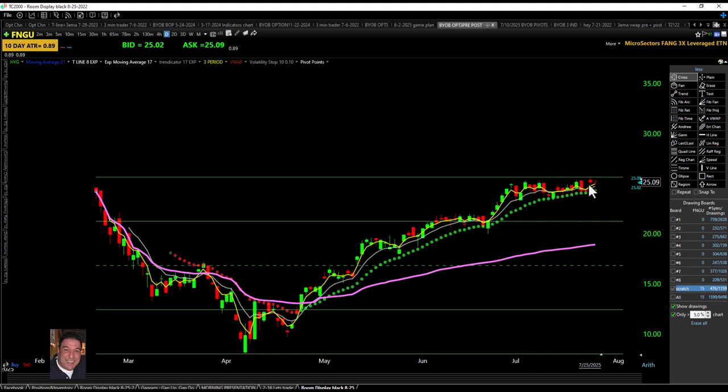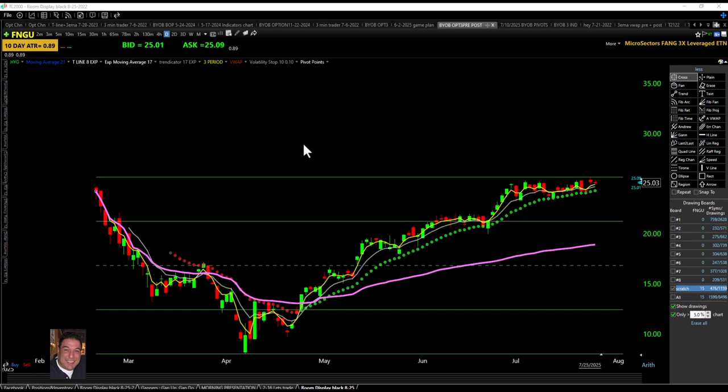It moves up and holds the higher ground, as opposed to moving up and giving it up. We've seen this before where price moves up and then they give it up, so that's just neutral. They're moving up and holding the higher ground. It takes strength to do that, so that's bullish right there.